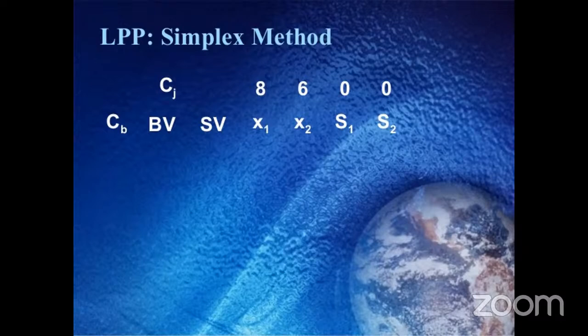Are you getting my point? First, what are we taking? Coefficients of the objective function. X1 coefficient is 8, x2 coefficient is 6, s1 is 0, s2 is 0. Any doubt?